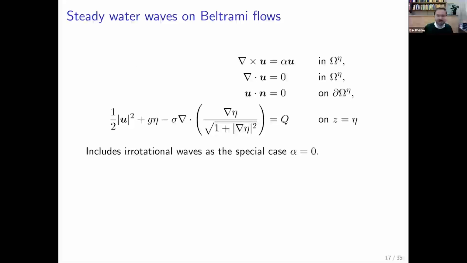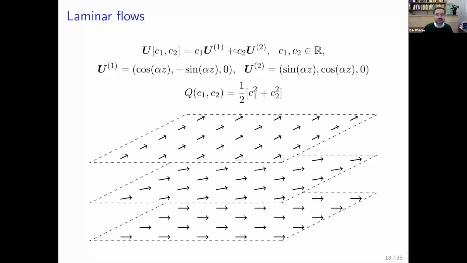To get some sort of intuition, we look for some special type of solutions. Remember in the 2D case, we had these different types of shear flows, which we can use to bifurcate from. So what are the corresponding solutions for Beltrami flows? It turns out that there are also a type of shear flows, but where the direction depends on the vertical level.